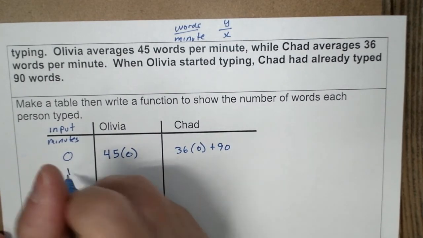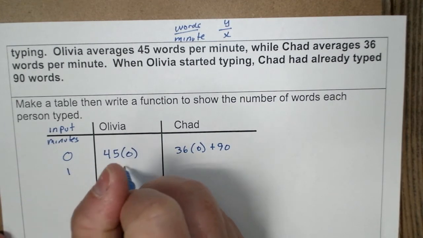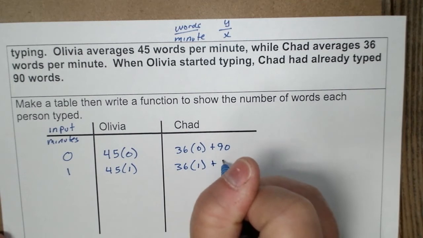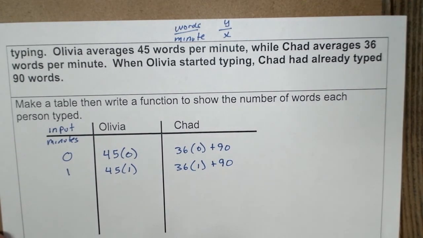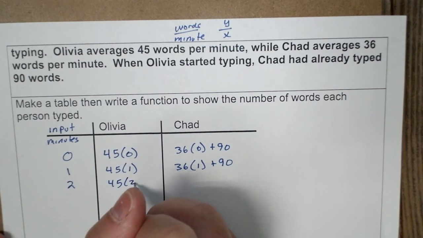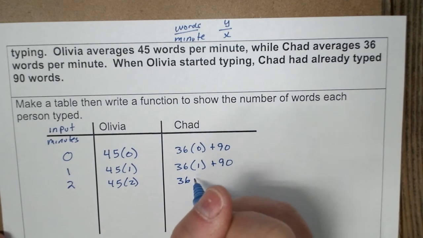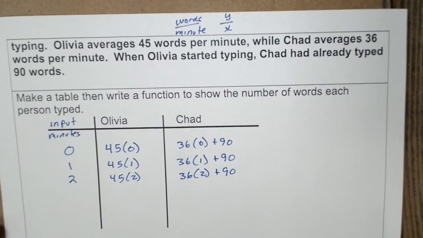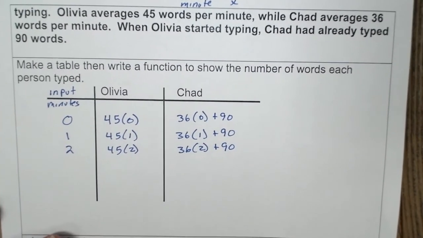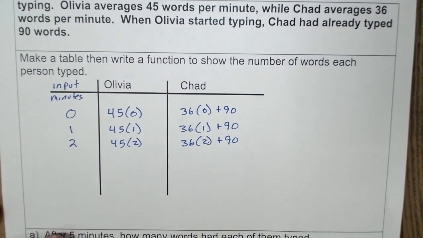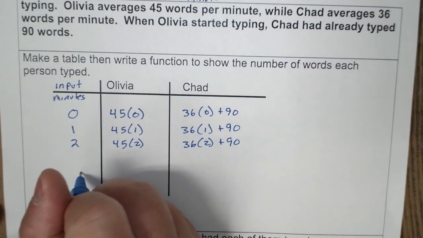And then on the first minute, she had 45 times 1, and he had 36 times 1 plus the 90 he started with. And then this is 2 and 45 times 2, and he does 36 times 2 and the 90 he started with. And you could continue making the table for as long as you wish.